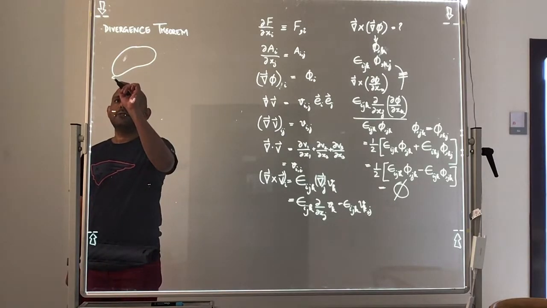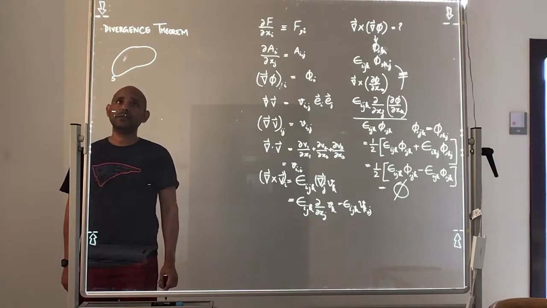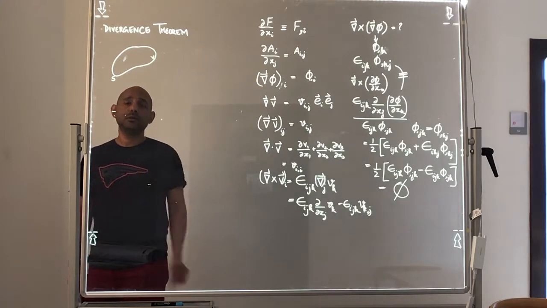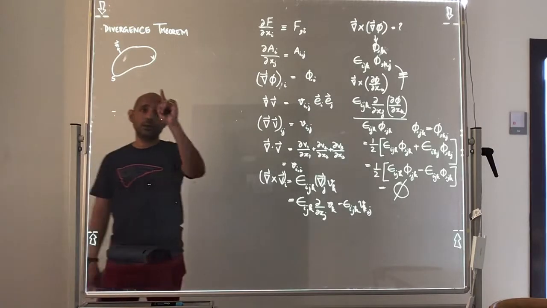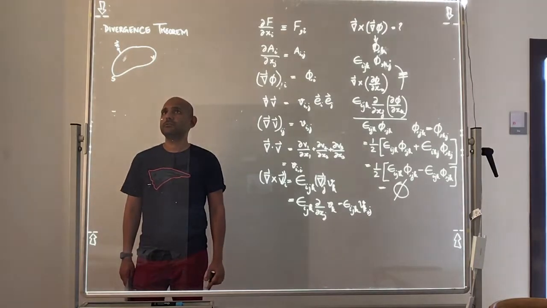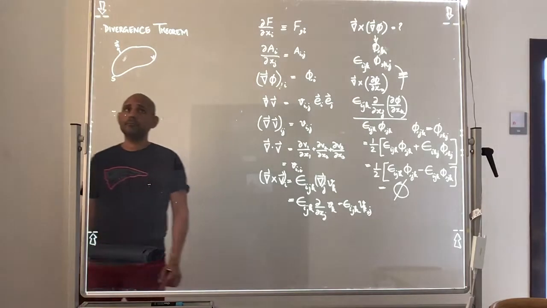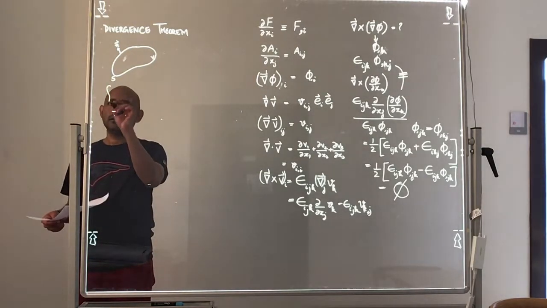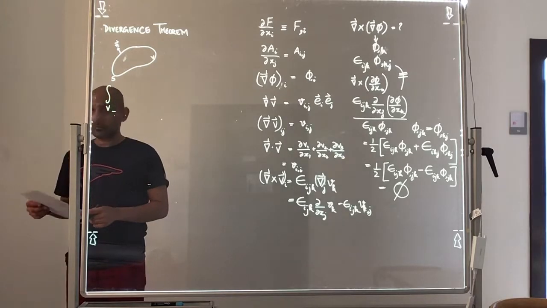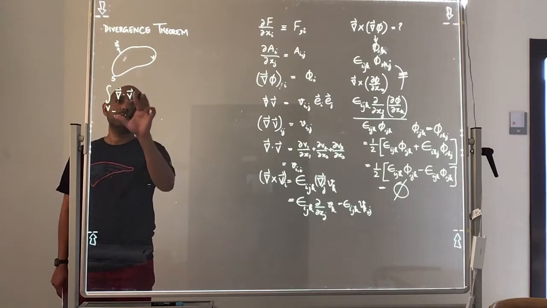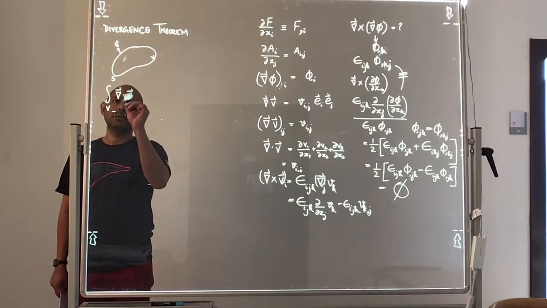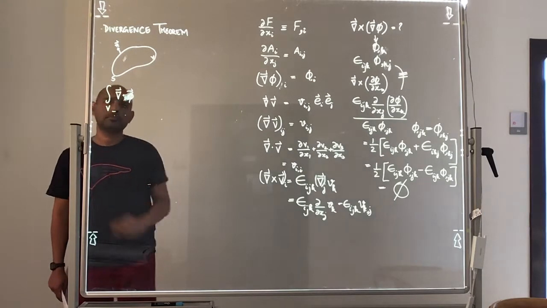Let the surface of the potato be defined by S. Let V be the volume of this potato, let n be the unit normal to the potato. Divergence theorem states that the integral over the volume of divergence of a vector field. I don't want you to confuse v and V there, so let me call it phi.